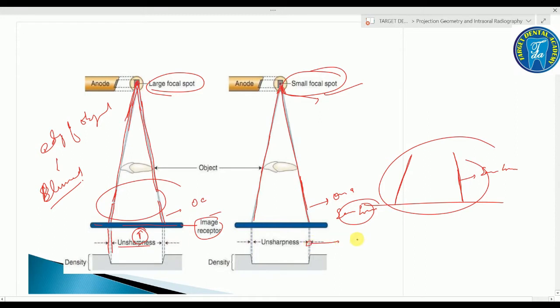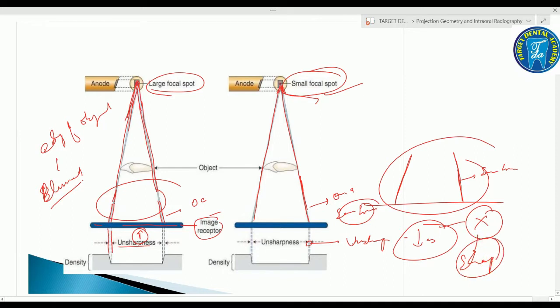The unsharpness decreases. When the unsharpness decreases, there is no blurring of the edge of the object and the image is sharp. But when the unsharpness increases, there is a blurred edge of the object and the image is not sharp. So this is the basic difference between a large focal spot and a small focal spot.